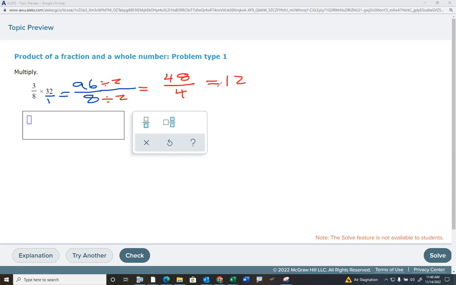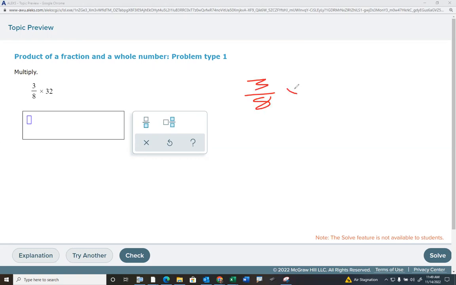Okay, now let me show you something else that you can do. Okay, and this only works when it's multiplication. So here, I'm just going to write the problem bigger. Okay, so there's the problem. Now, if this is division, addition, or subtraction, it's not going to work. It has to be multiplication. You can basically just say, well, is there something that divides into any number on top and at the same time any number on the bottom?